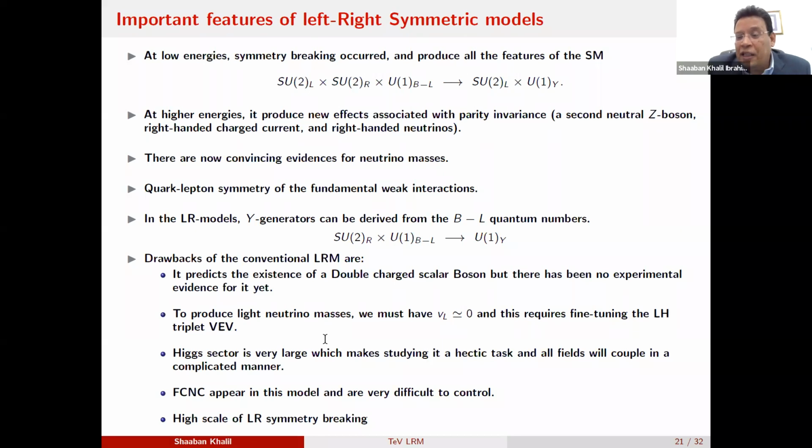So to have very small neutrino masses, you need a very tiny V left. So you explain tiny neutrino masses with a tiny V. This is really not nice. So better to take V left as 0.